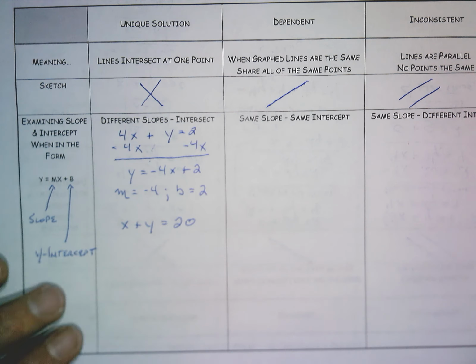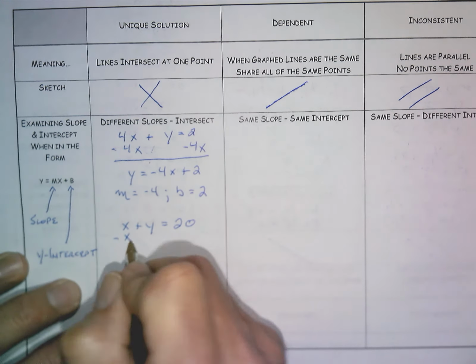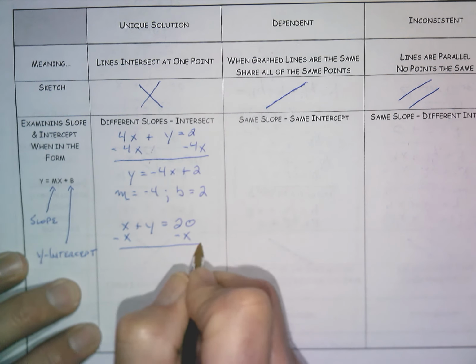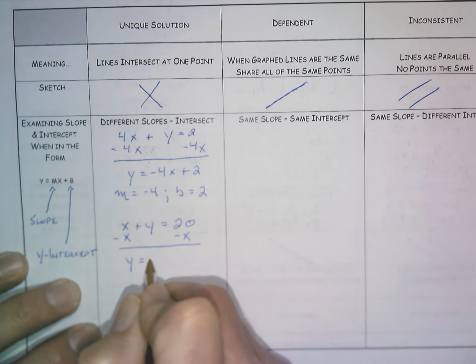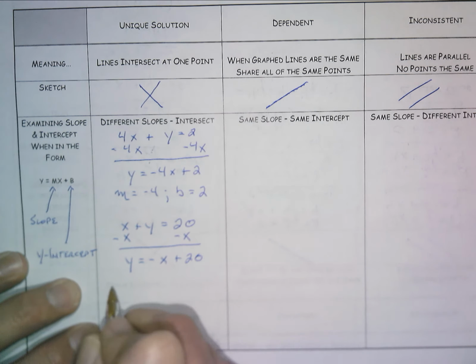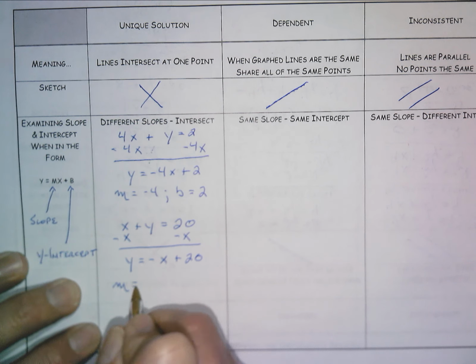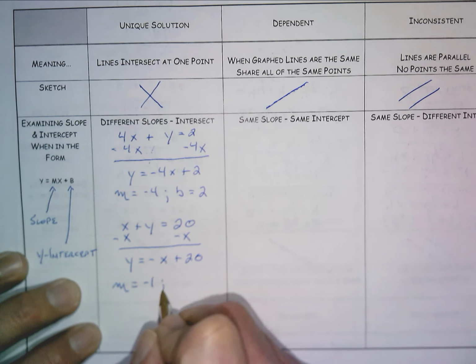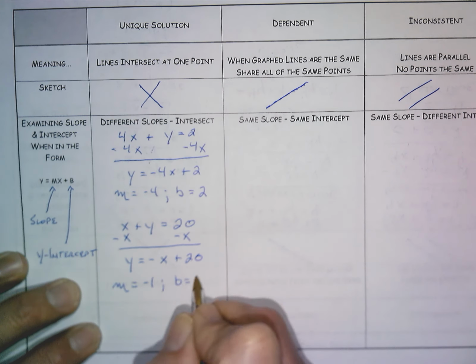The second equation, I'm going to put it in that form, which always just involves moving the x on the other side. And I get y equals negative x plus 20. So in this case, the slope is negative 1, and the y-intercept is 20.